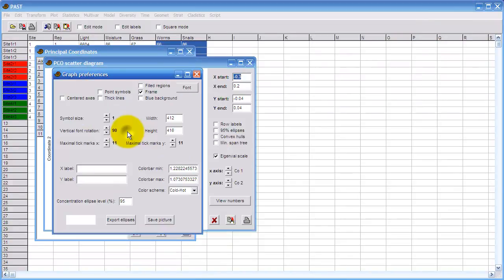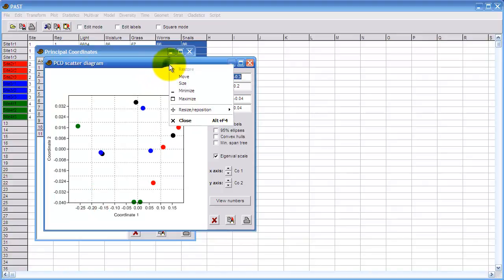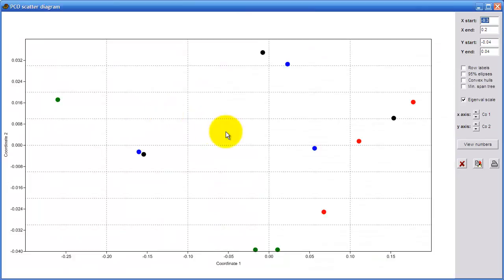And again, I will tidy up this graph to make it a little easier and resize it. Now, what's happening here? If we look, most of the variation here is going across this way, and some of the variation is going up this way.